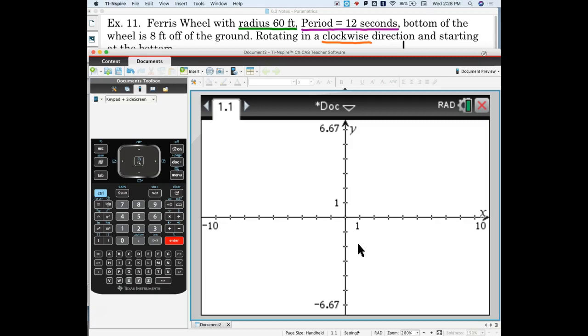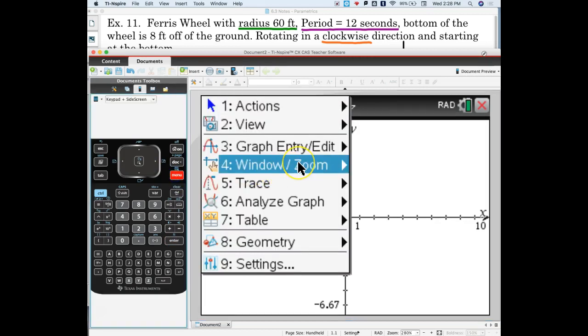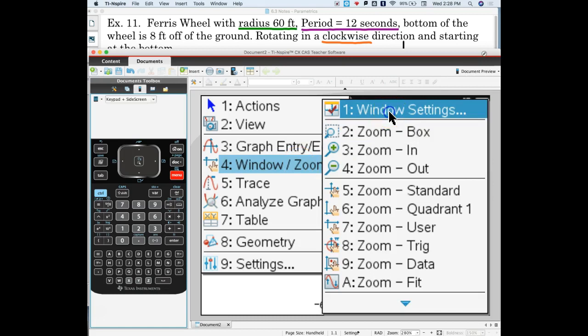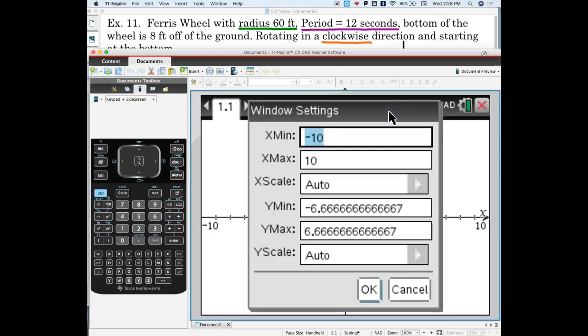Oh. What's wrong? Gotta adjust our window, right? So, window settings here. What do you think? X's, Y's. 70s in both directions, so negative 70 to positive 70, by 10s.